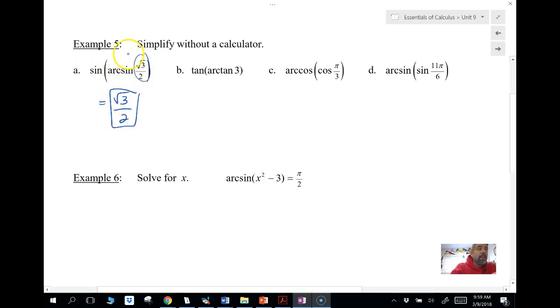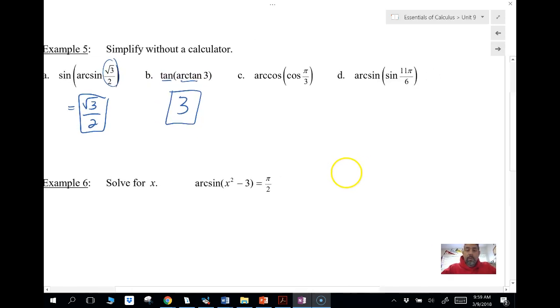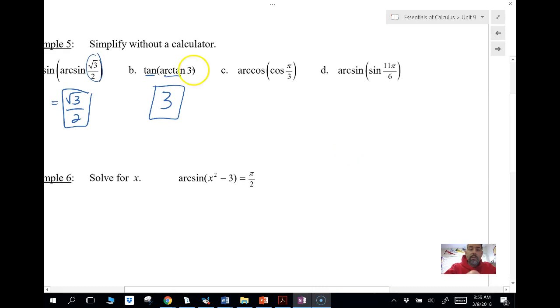All right, so whatever is in here. Arctangent and tangent, we're okay with that because tangent doesn't have any range or domain restrictions. An arctan of 3 can be found. So we're going to say this is 3, because this is in the domain of arctan.